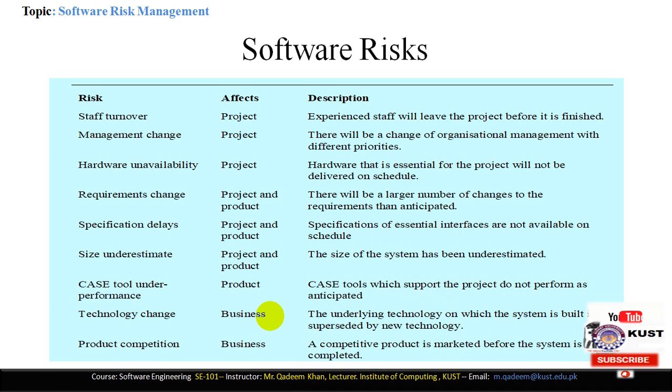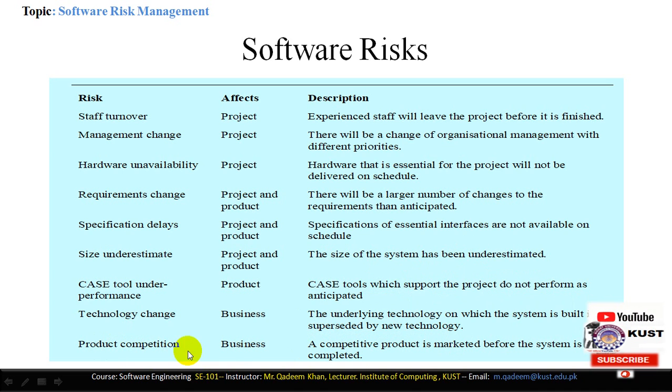So this is the business risk. The underlying technology on which the system is built is superseded by the new technology. Superseded means that new technology is launched in the market and takes the place of the old technology. So we have to learn the new technology, and then we will use it.